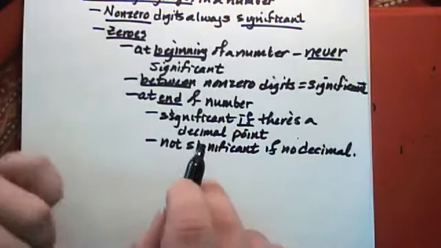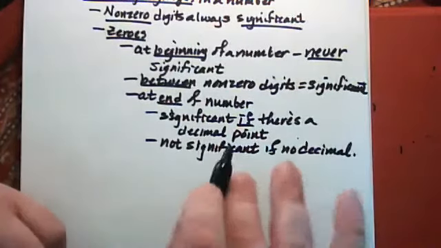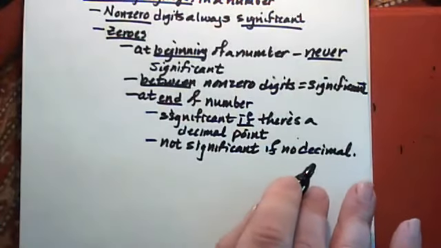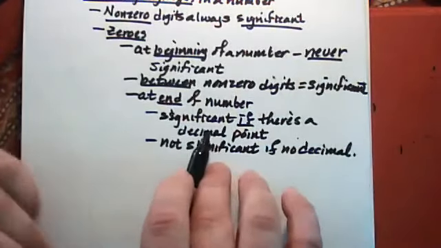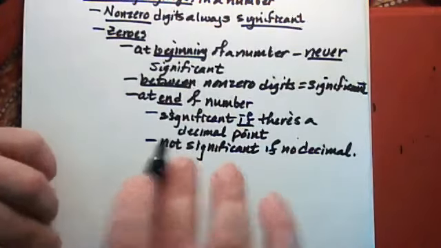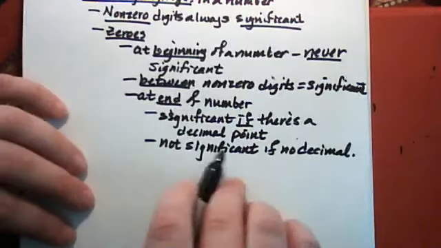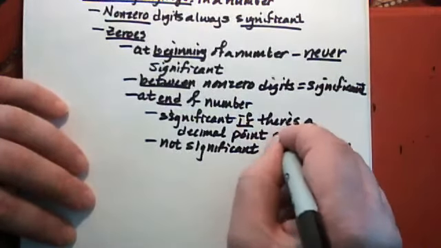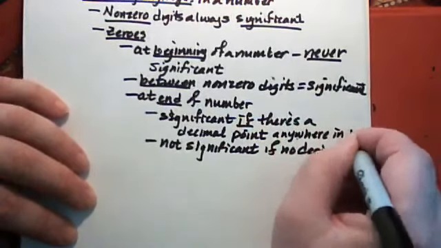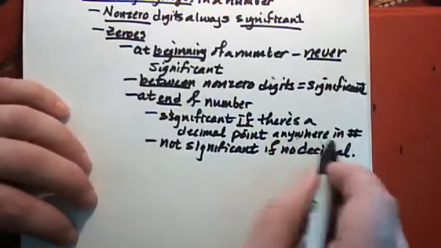And that decimal point could be anywhere in the number. The zeros could be at the end of the number, and the decimal point could be way back at the beginning of the number. But if there's a decimal point anywhere in that number, then the zeros at the end are significant.